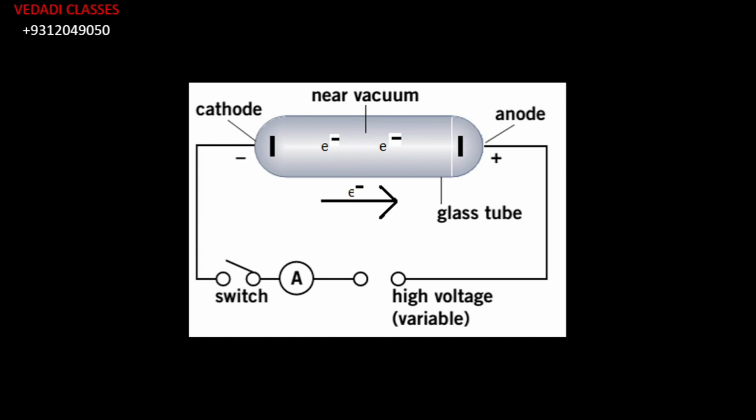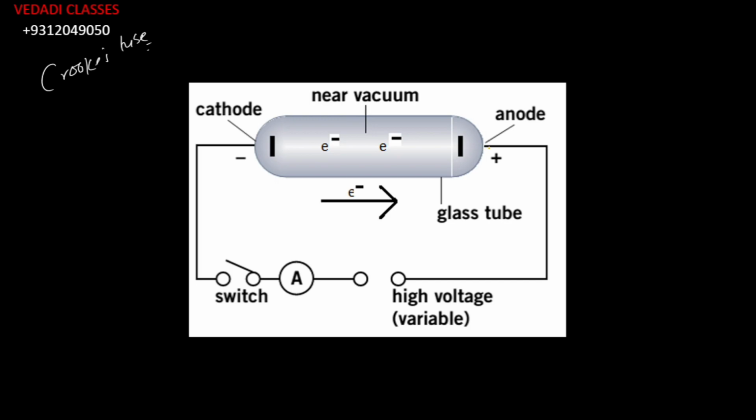So basically he used a tube, also called Crookes tube. The name of the tube is Crookes tube. Basically we say a discharge tube. This is a discharge tube we have, and this is the vacuum.